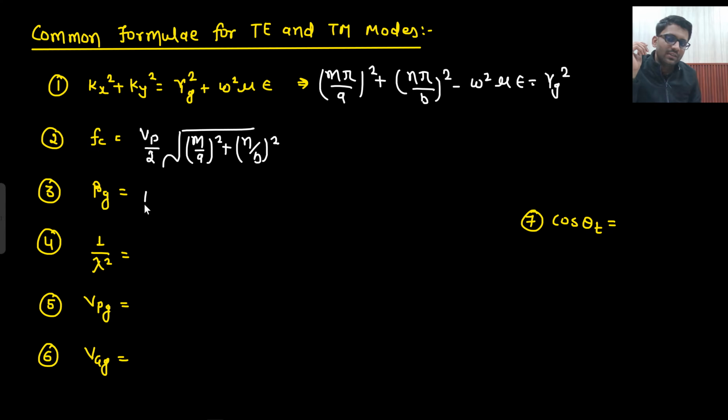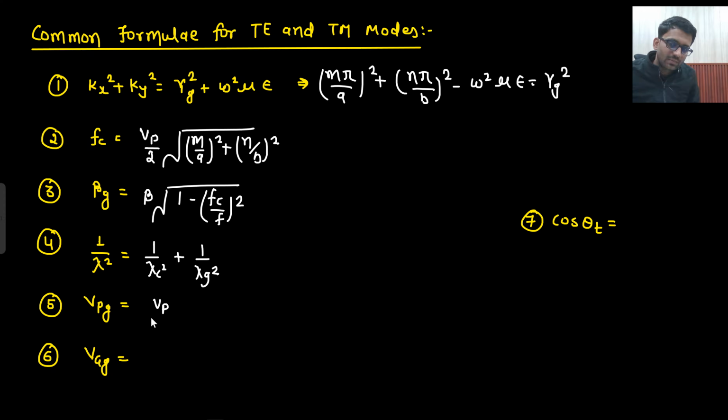What about beta g? For beta g, under root 1 minus (fc by f) whole square. And what was this expression equal to? 1 by lambda square is equal to 1 by lambda c square plus 1 by lambda g square. What is your VPG? For VPG, whatever comes, that will come downward: 1 minus (fc by f) whole square.